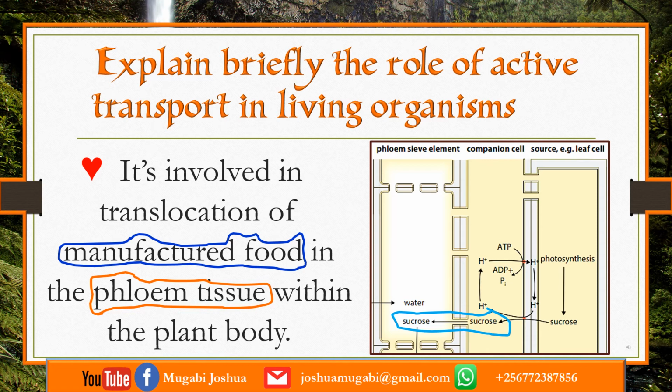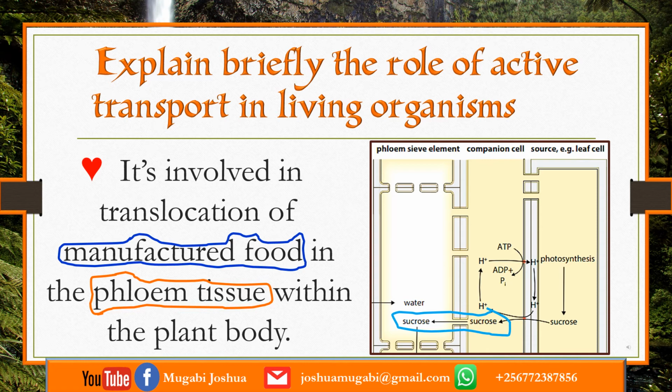Because there is a high concentration of sucrose in the companion cell and low concentration in the phloem sieve tubes, it will flow from a region of high concentration to a region of low concentration. The region of high concentration of sucrose is now the companion cell, a region of low concentration at the phloem sieve tube. So sucrose will flow from the companion cell into the phloem sieve tube.